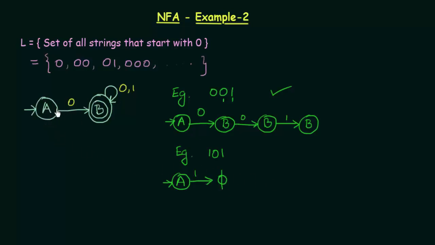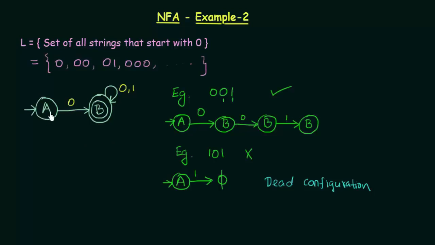This kind of configuration where a state does not go anywhere is known as a dead configuration. But in the case of a DFA, we did not have a dead configuration. If we leave a DFA like this, it is incomplete.